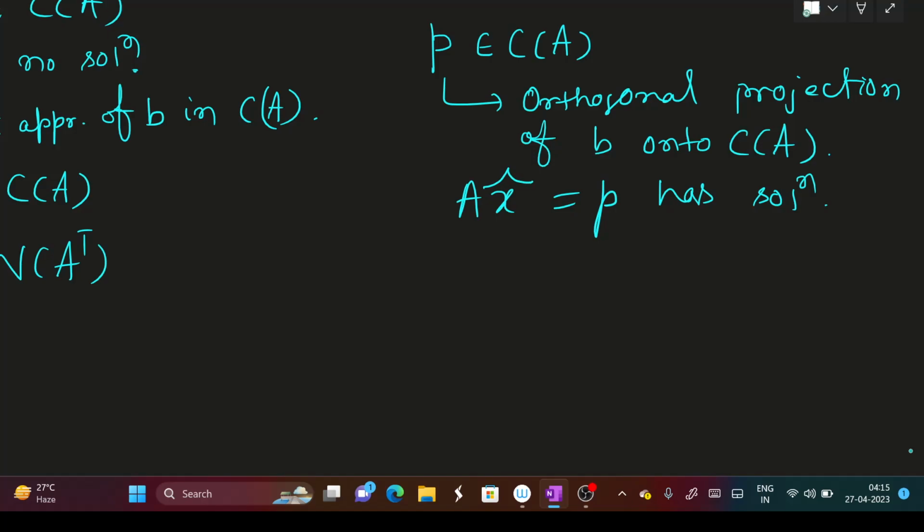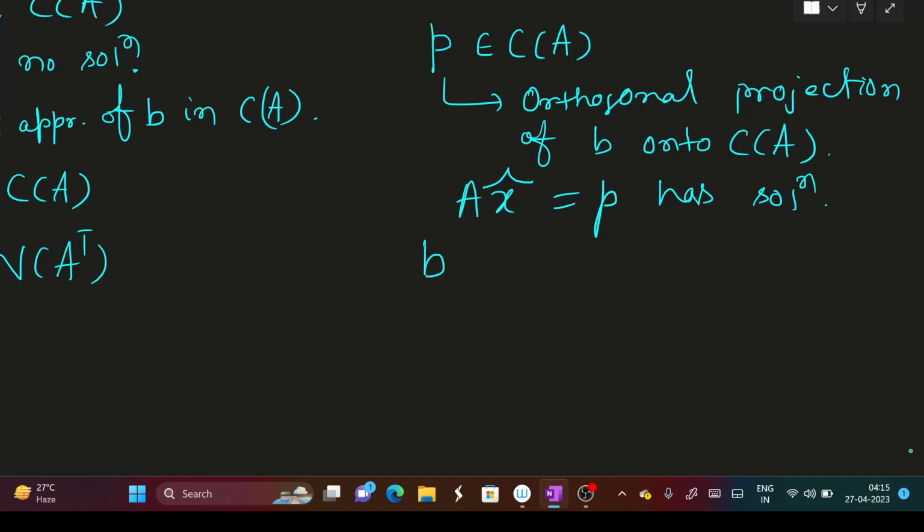Its name we will give as X cap. So here X cap is the best fit solution and it is the solution of AX is equal to P. That is AX cap is equal to P, and it is different from X. And the error is least. With that, I have my X cap. So now what is my B?